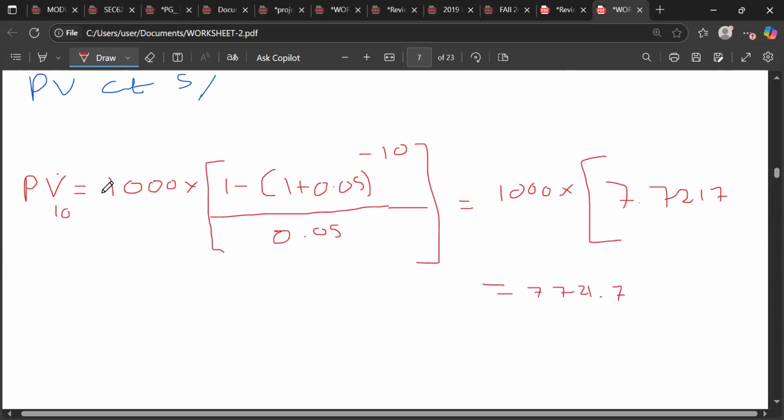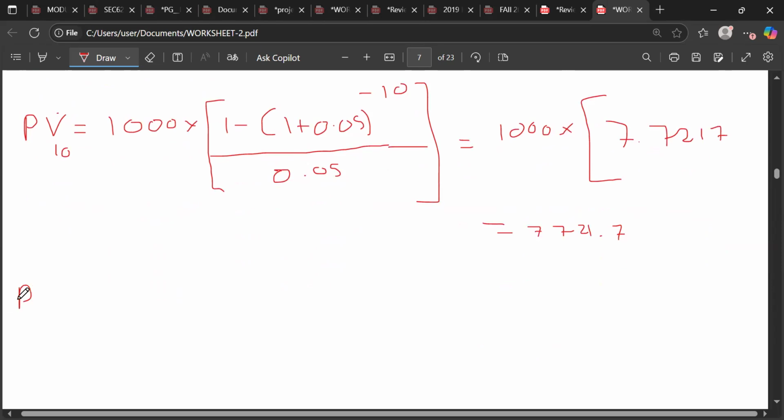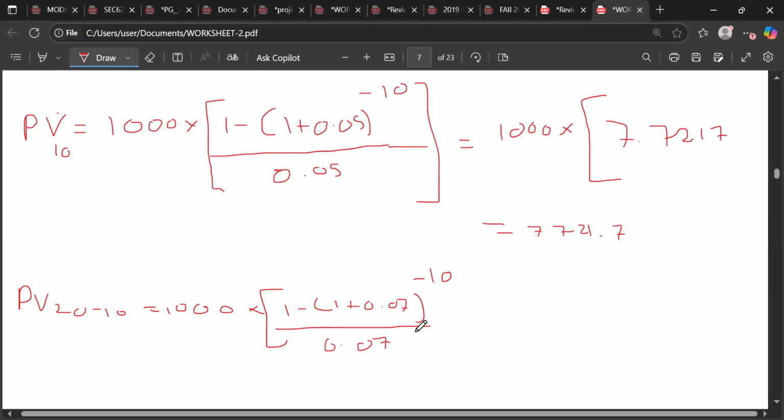Now, this is the 20-year loan. But the rate is just changing in the next 10 years. So now the next 10 years, the remaining 10 years, saying PV 20 minus 10 will be equal to 1,000 times 1 minus 1 plus 0.07. The rate has changed to 7% now. It's raised to the power negative 10, because the last 10 years, over 0.07.